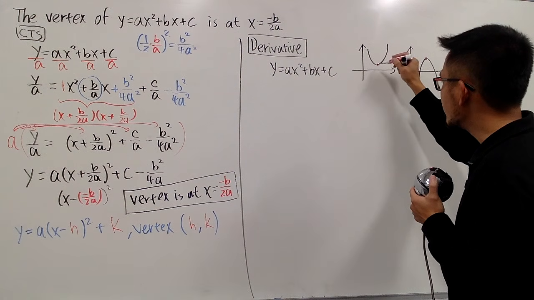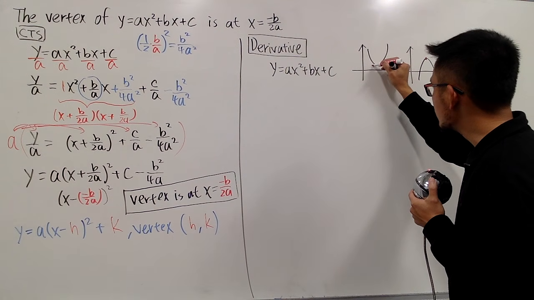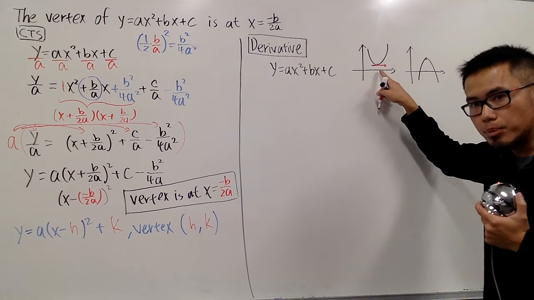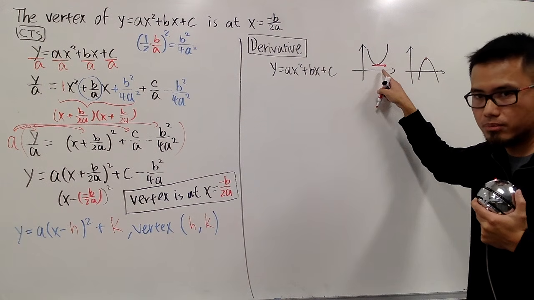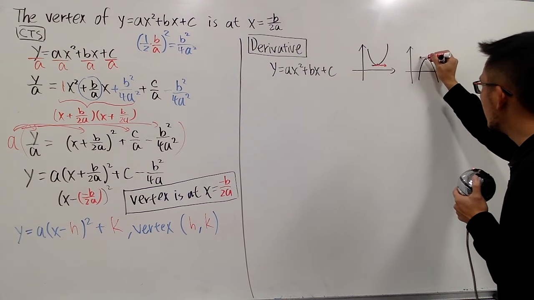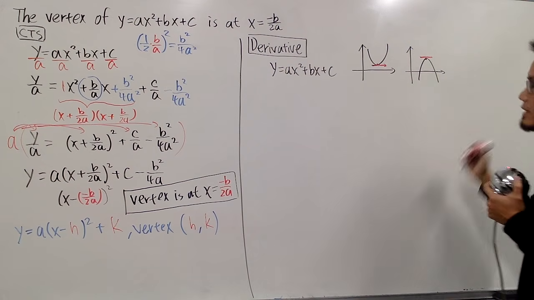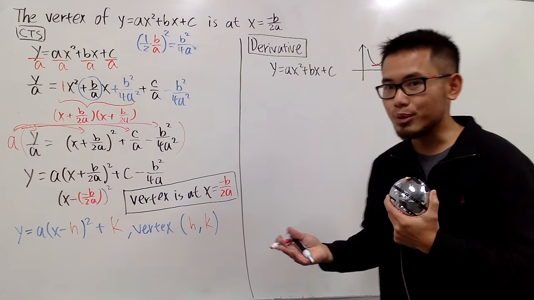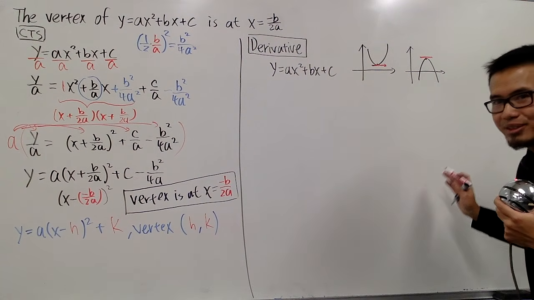And notice right here, let me just draw this. When you try to draw a tangent line at the lowest point, the slope of this line is going to be 0 because it's flat. Likewise, if you draw the tangent line on the highest point right here, the slope is also going to be 0. And that's true in general, in all the situations actually.